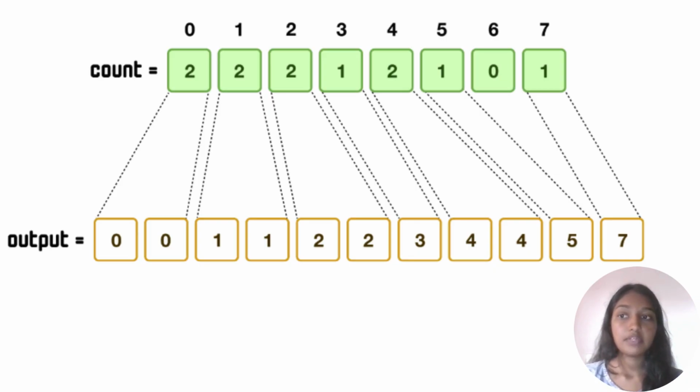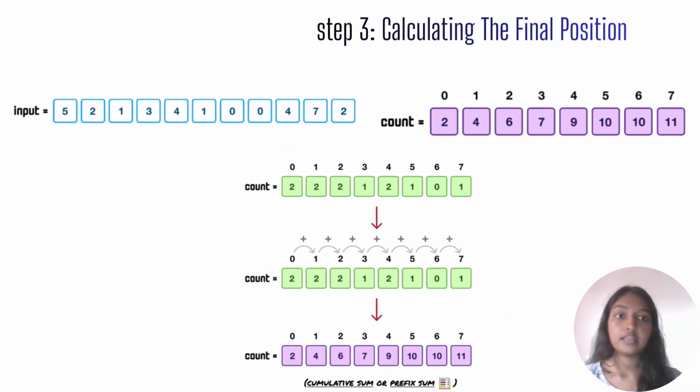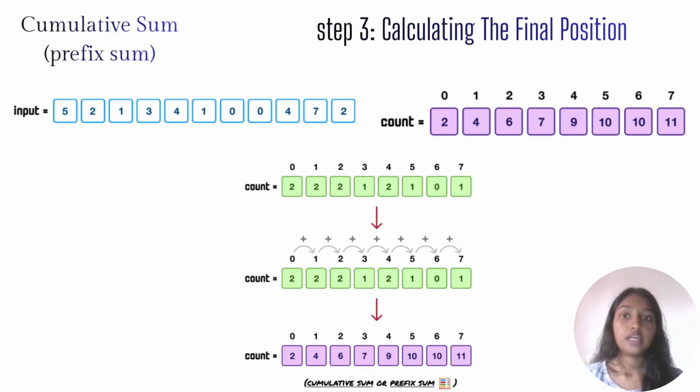So the next step will be calculating the final position. If we take stock of what we have right now, we have our count array and our input array. Our input array is just sitting there with its unsorted values happily loitering. The count array stores a count of the number of times each distinctive element from the input array appears.